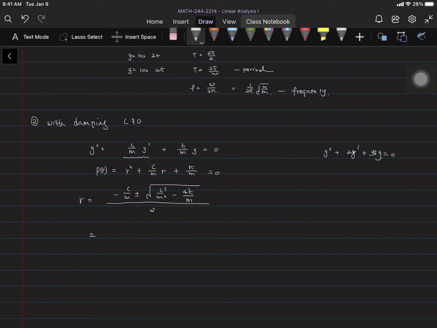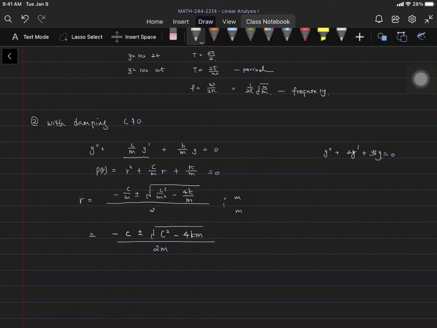We multiply both top and bottom by m. So the top becomes negative c plus minus the square root. When we move m into the square root it becomes m squared, which cancels with the m squared for the first term, and the second term cancels with the m, leaving another m. The bottom also times m is 2m. This is the solution.